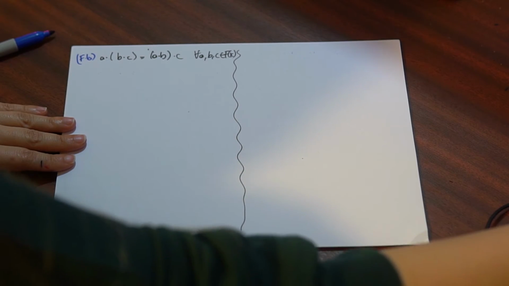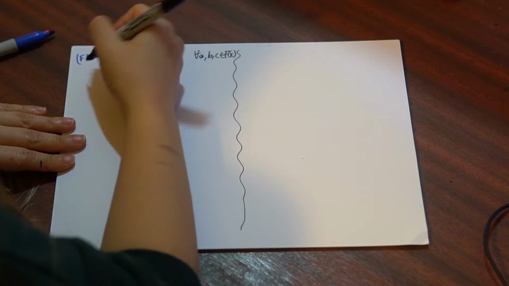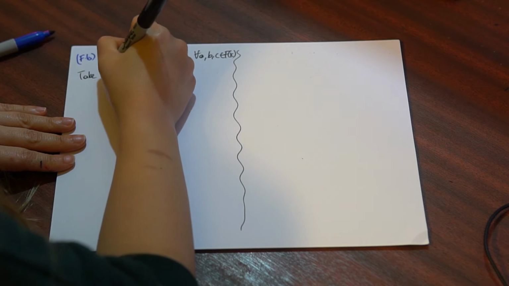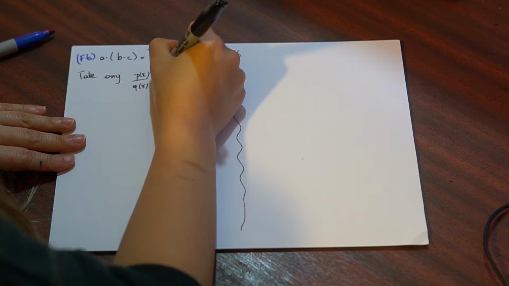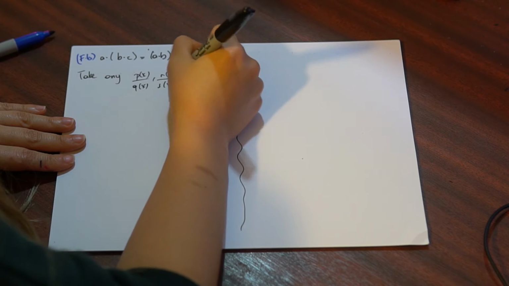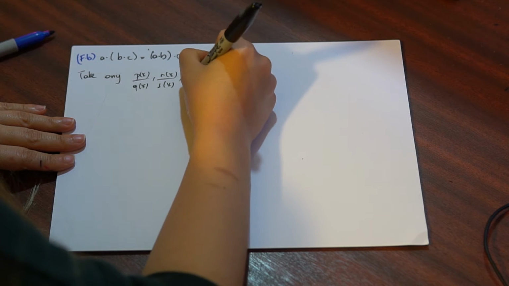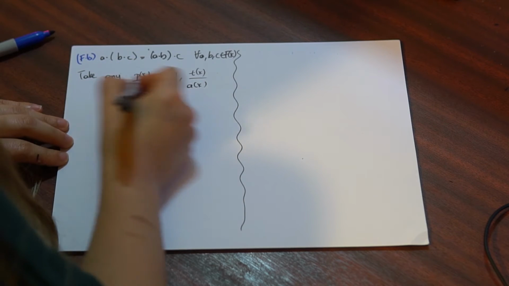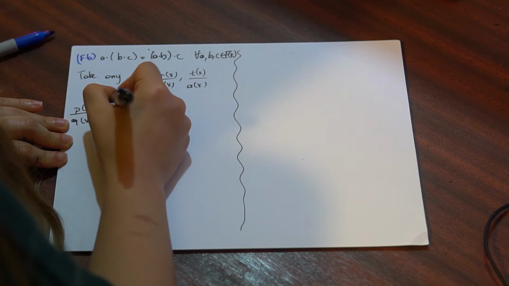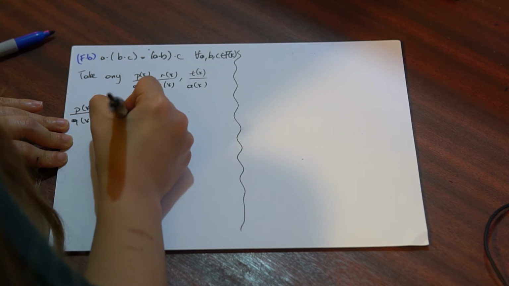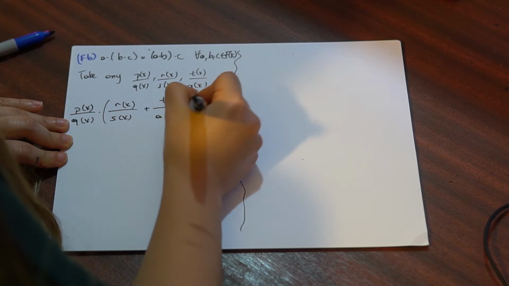Now again I need to take any p of x over q of x, r of x over s of x, and let's say t of x over a of x. So let's look at the p of x over q of x times r of x over s of x times t of x over a of x.